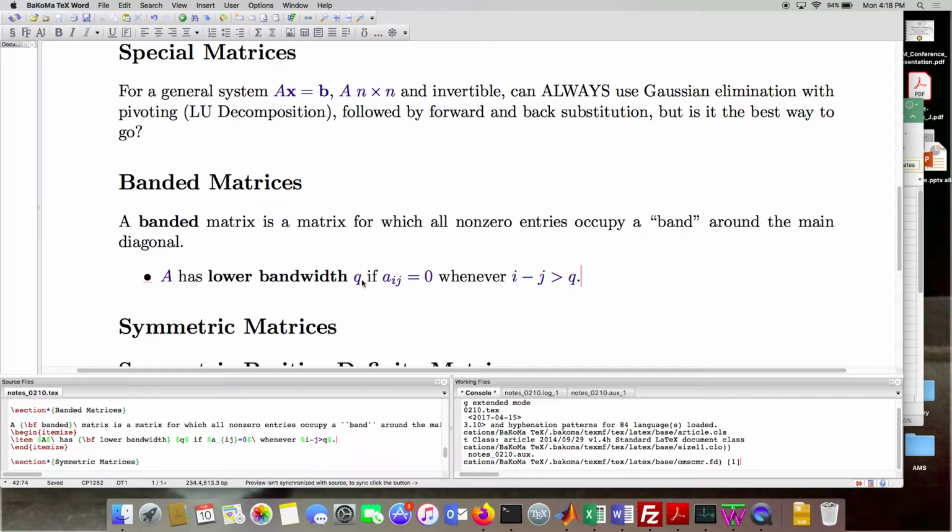For example, if Q is 0, then the entry is 0 whenever i is greater than j. So everything below the diagonal will be 0, and the matrix is upper triangular.